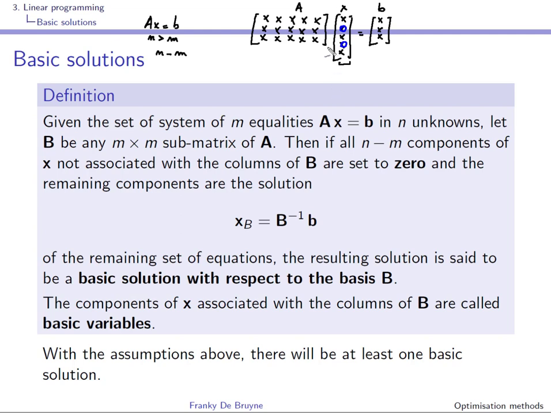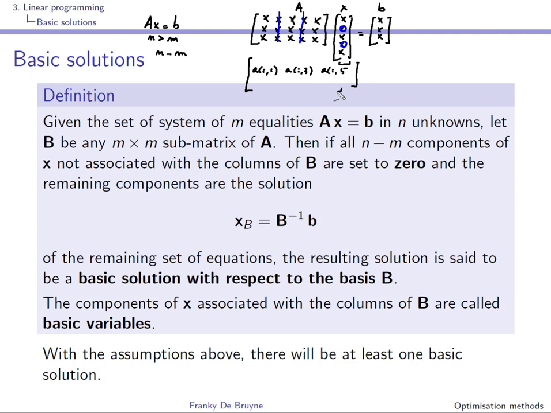And this will produce an equivalent system where we can skip this column and the fourth column, and this system of equations where we have fixed x2 to be 0 and x4 to be 0 can be rewritten as, well, the first column of A, the third column of A, and the fifth column of A.